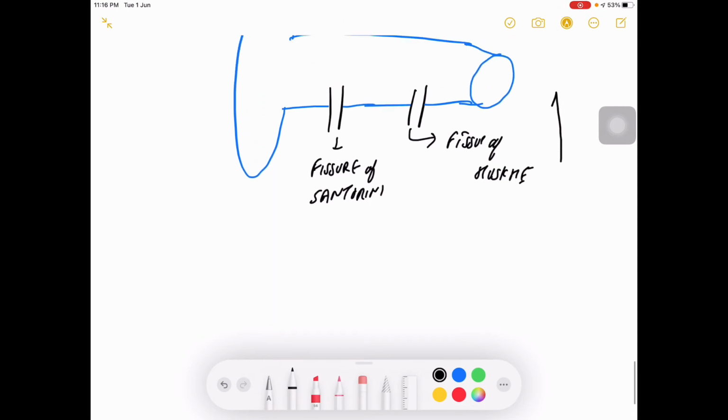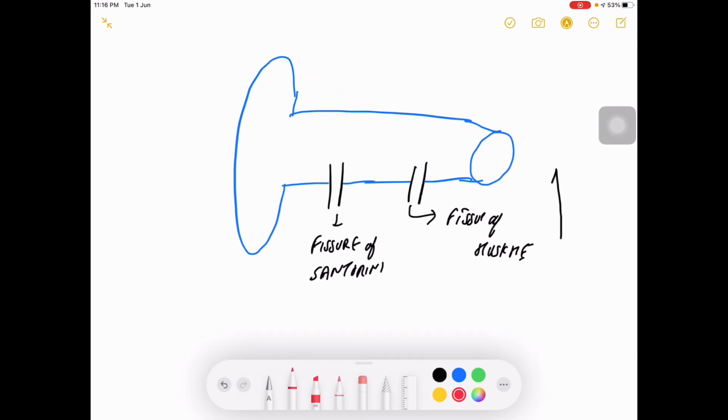Okay. Coming back to this diagram, we will divide it into outer 1/3 and inner 2/3. So let's take it, this is your outer 1/3. This one is your cartilaginous part, and this one is your bony part. So the question comes: the cartilaginous part has which fissure, and the bony part has which fissure?